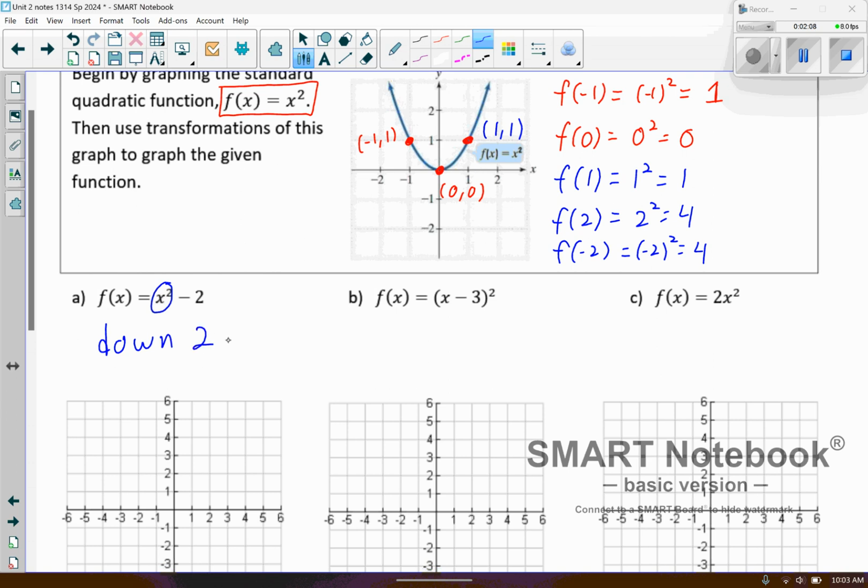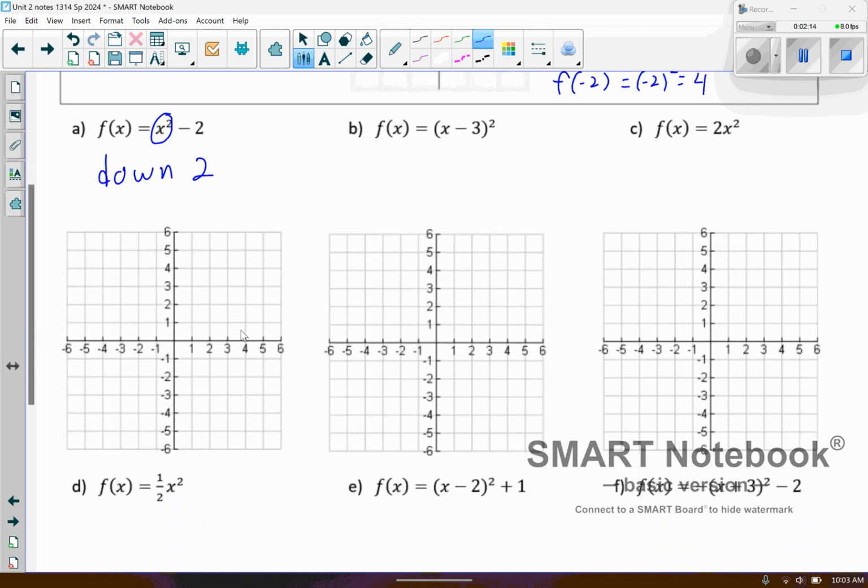We take those 3 points and shift them down 2 spots. Our original 3 points are right here, and we shift them all down 2 like that. Then we just graph that. It's kind of a bowl shape, and there we are.